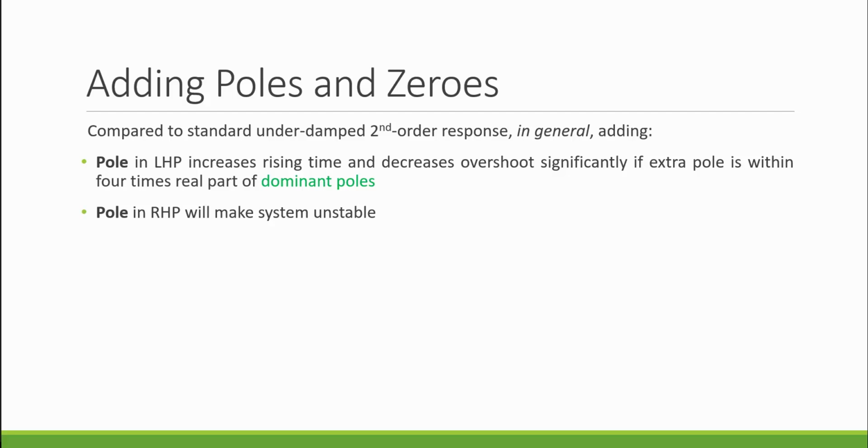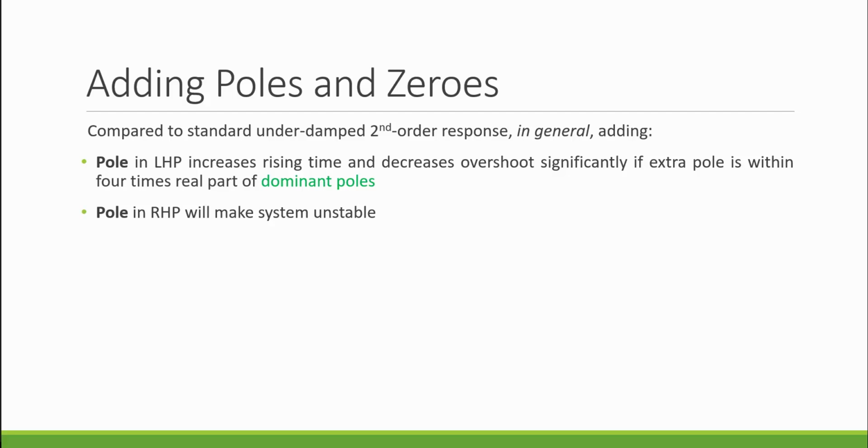And if we increase the rising time, we're also going to be increasing the peak time. It does this significantly if that third pole is within 4 times the real part of our dominant poles. And we'll see in our example in a little bit how we calculate that. But if it's close to our dominant poles, it's going to have a significant effect of increasing the rise time and peak time, and decreasing the overshoot.